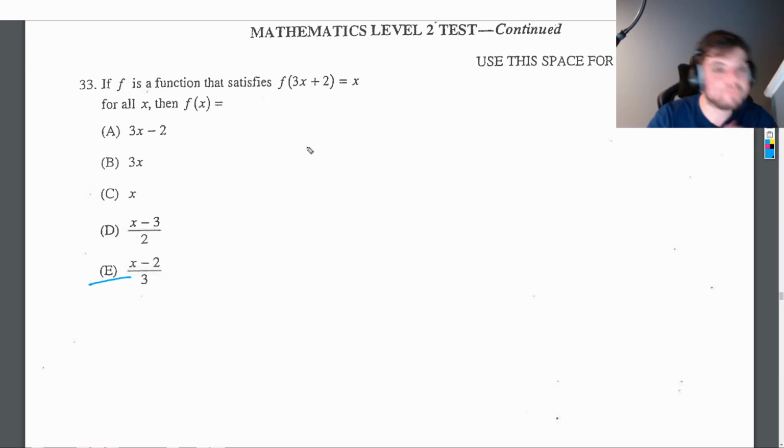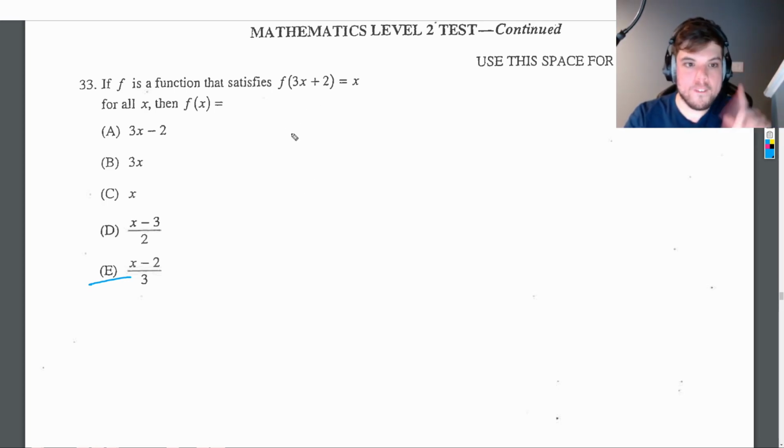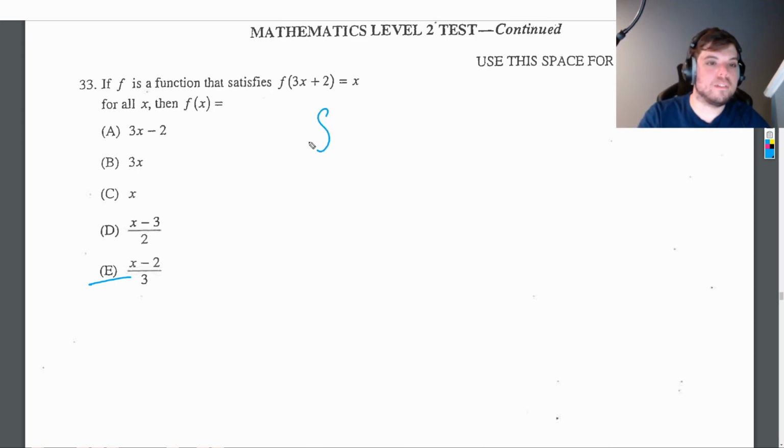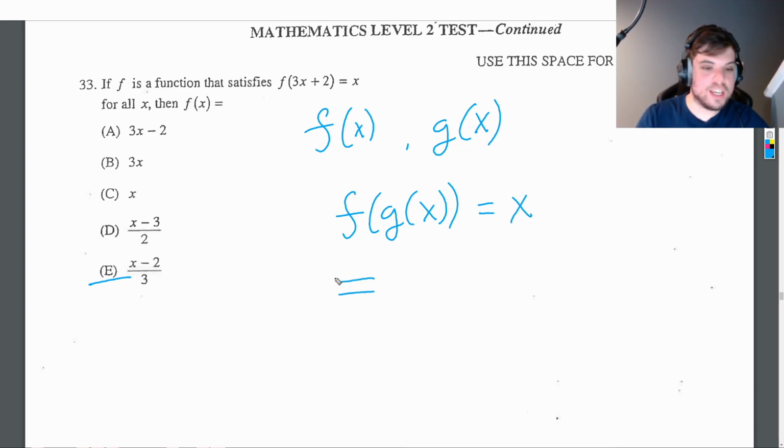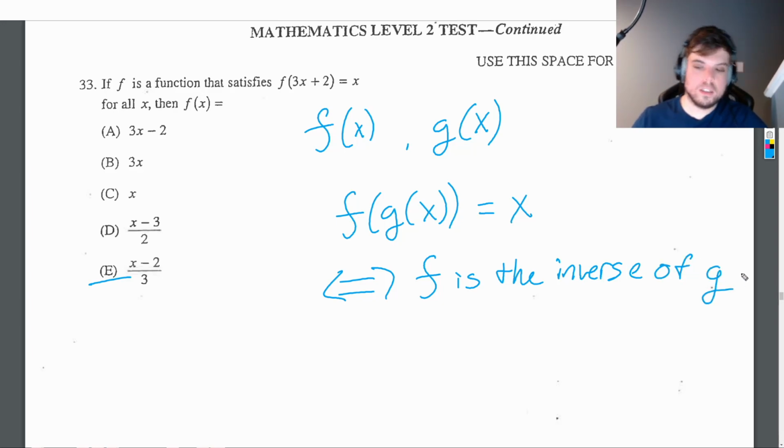In general, let's say you have one function f and another function g. If you know that f of g of x is equal to x, then this implies, it's actually a double implication, that f is the inverse of g.